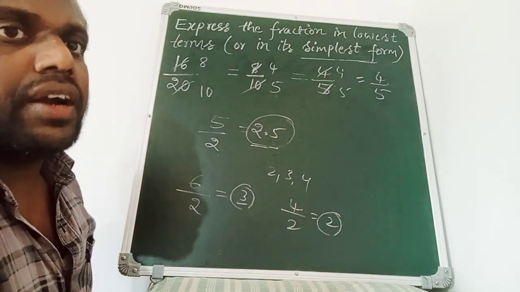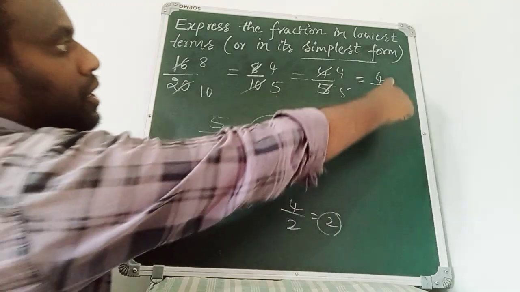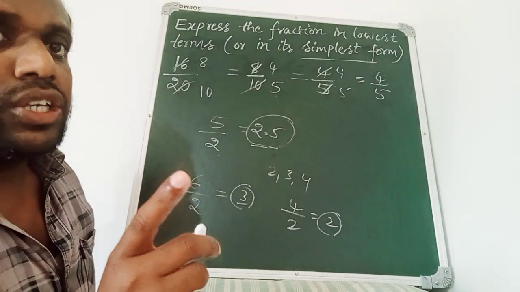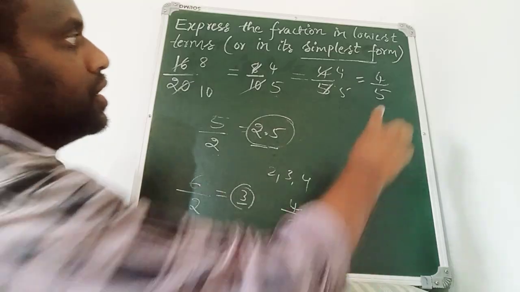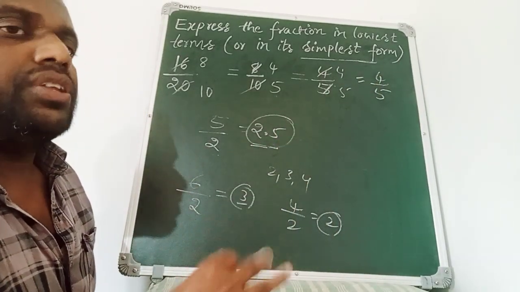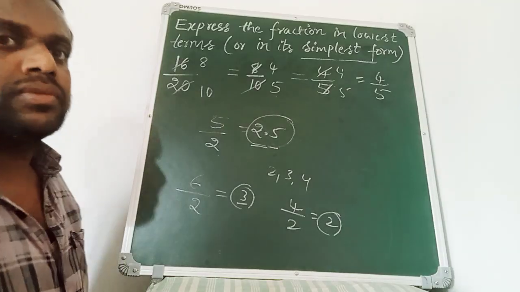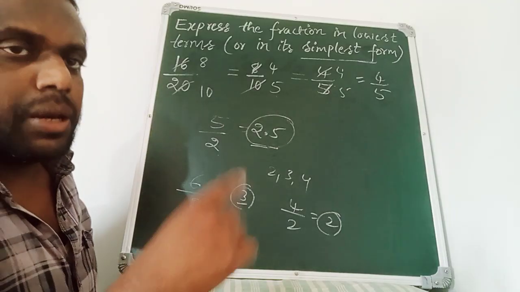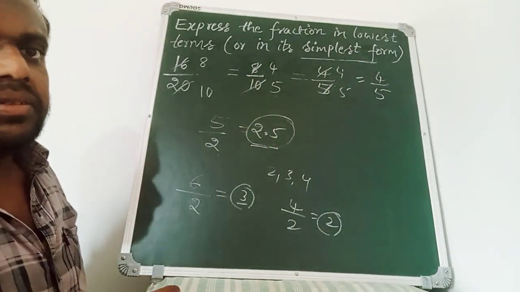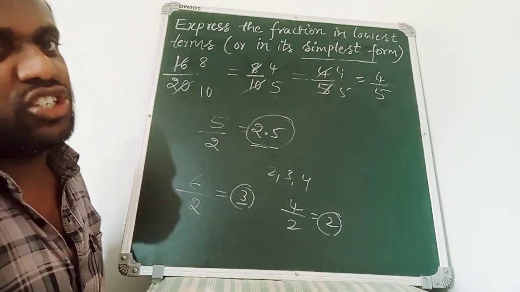So you cannot take 2. 2 can divide this 4 completely but not 5. So you cannot select 2 to divide this 4 and 5. Now think about any other number which can divide this 4 and 5 completely. There is no such number.